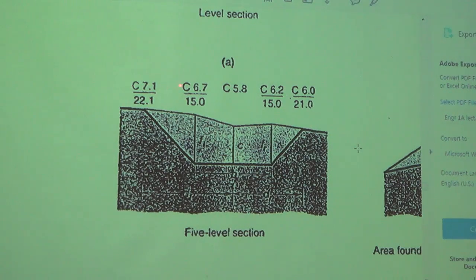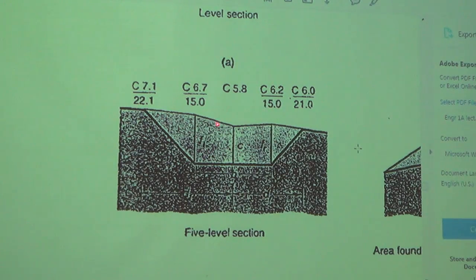Ryland. Yeah. Why do they put a C in front of these numerators? It's a cut. Because it's a cut. Now, do you notice that if this point right here is my origin, mathematically, what do I know about the number 15 and 22.1?